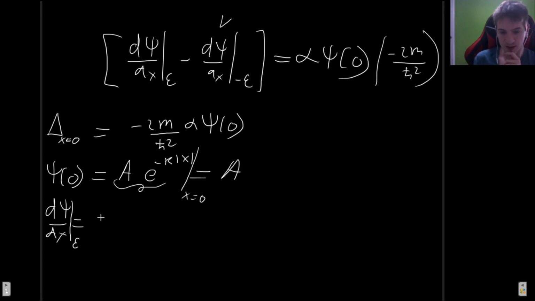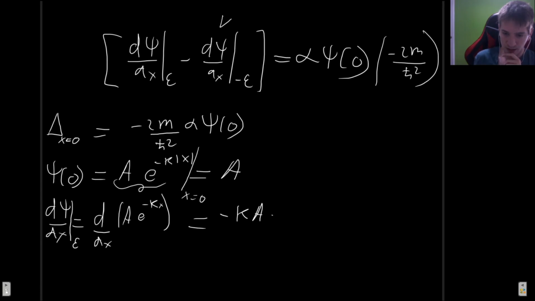So what we are deriving here is d by dx of a times e to the minus kx. This term is just going to be minus k times a e to the minus kx, evaluated at epsilon, and in the limit where epsilon goes to 0, this is just going to be minus ka.